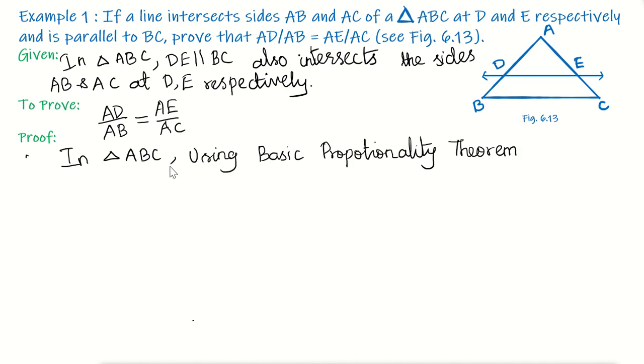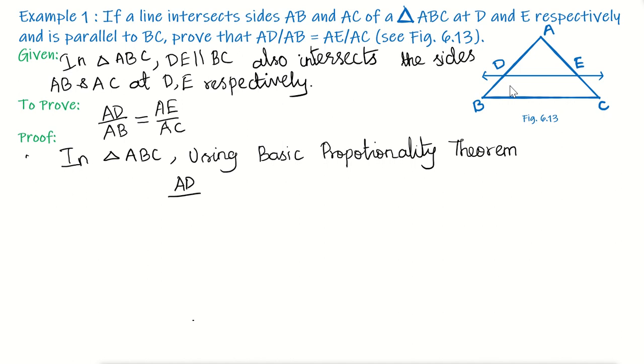In triangle ABC, using the basic proportionality theorem, what does it say? If a line is drawn parallel to one side of a triangle to intersect the other two sides at distinct points, then the other two sides are divided in the same ratio. So when we apply that concept here, what is the ratio in which the other two sides are divided?